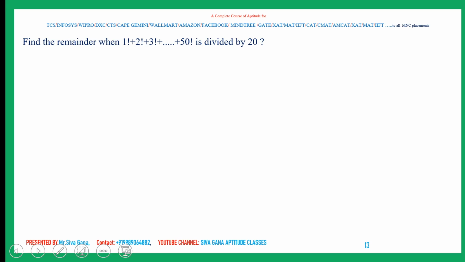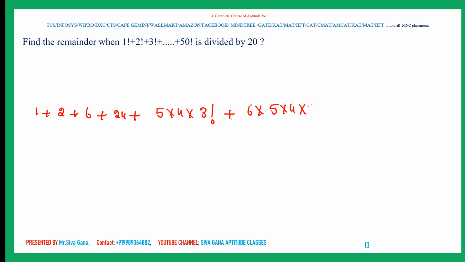Now, find the remainder when 1 factorial plus 2 factorial up to 50 factorial is divided by 20. Easy question, right? 1 factorial is 1, up to 50 factorial. 2 factorial is 2. 3 factorial is 6. 4 factorial is 24. 5 factorial is 5 into 4 into 3 factorial, right, plus 6 factorial, 6 into 5 into 4 into 3 factorial, plus and so on, we can write up to 50 factorial.